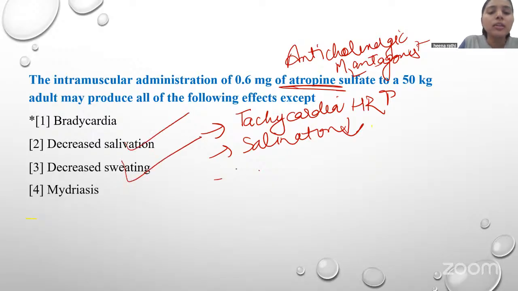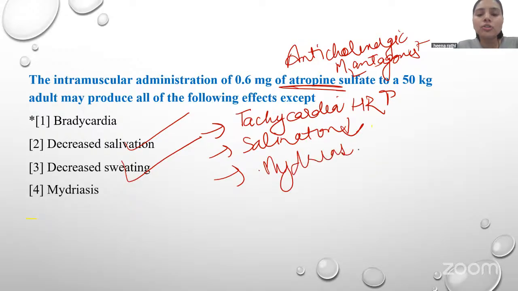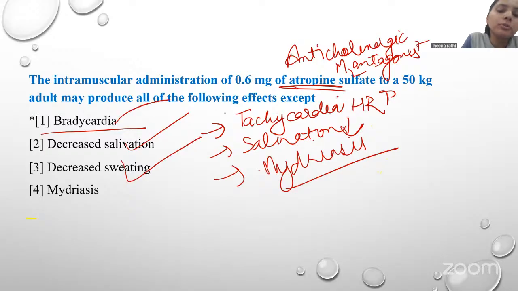Then it has effects like mydriasis, because cholinergic drugs produce miosis, constriction of the pupil. These anticholinergic drugs relax the pupil because there is no contraction of the ciliary muscles, and the dilator muscles are relaxed. So the effect which is not produced is bradycardia, because atropine produces tachycardia. So the answer is 1.